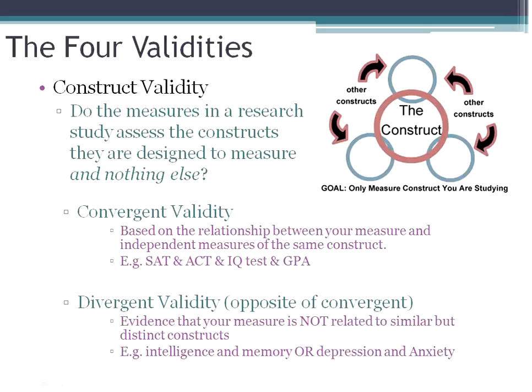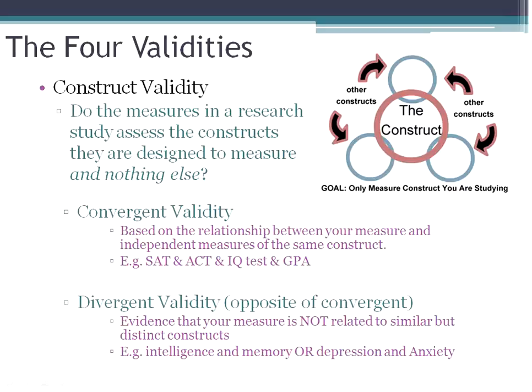Divergent validity is a sort of opposite. This is showing that your measure does not measure these other things, right? Similar but unrelated distinct constructs. So if you are doing a study of intelligence, it shouldn't be really related to memory, right? It shouldn't be related to memory at all. Or if you're doing a study and you have a measure of depression, it shouldn't be related to anxiety.